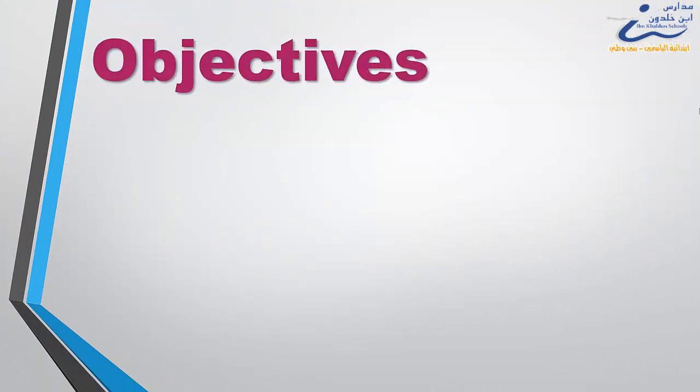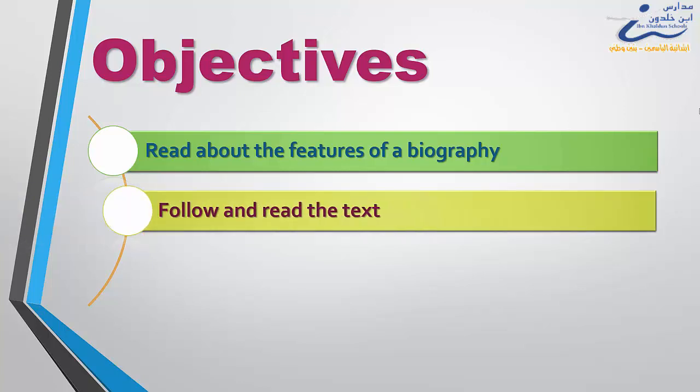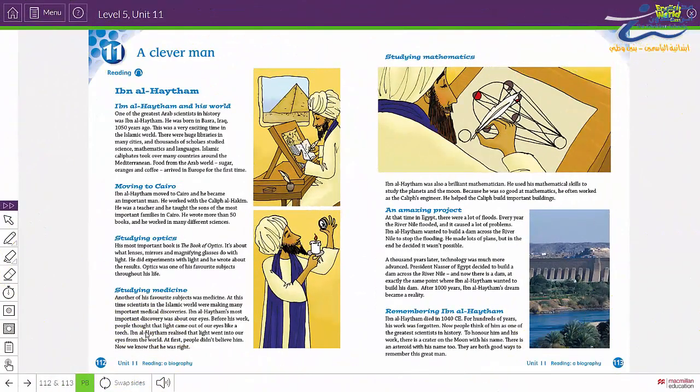Objectives: Students are guided to read about the features of a biography, follow and read the text, understand the text and answer oral questions about it. Kindly open your People's Book pages 112, 113.